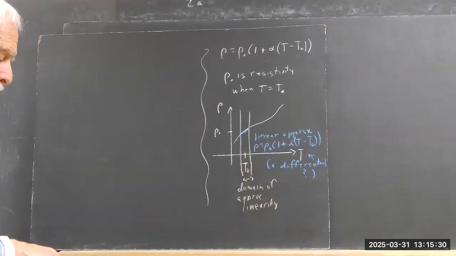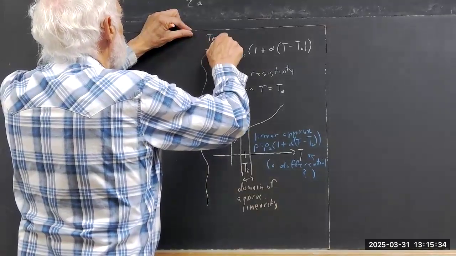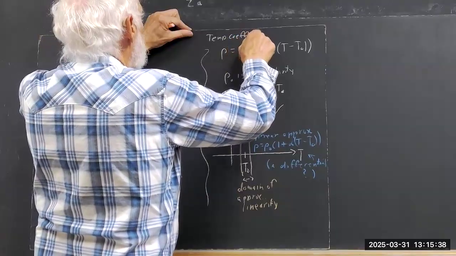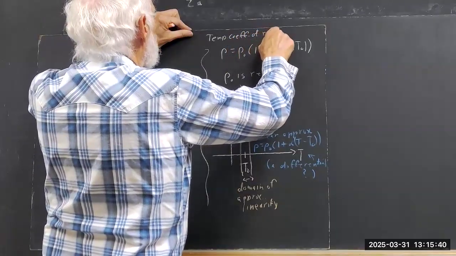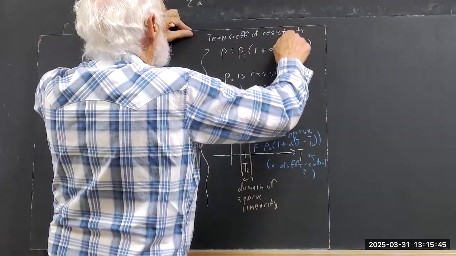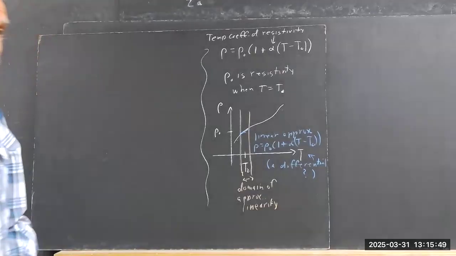This is the temperature coefficient of resistivity. At least that's what I call it, whatever your book calls it. But I'm pretty sure that's a pretty standard term.